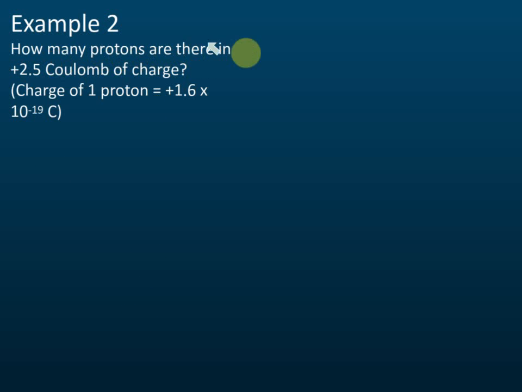How many protons are there in positive 2.5 Coulombs of charge? Charge of one proton is positive 1.6 times 10 to the power of negative 19 Coulomb.